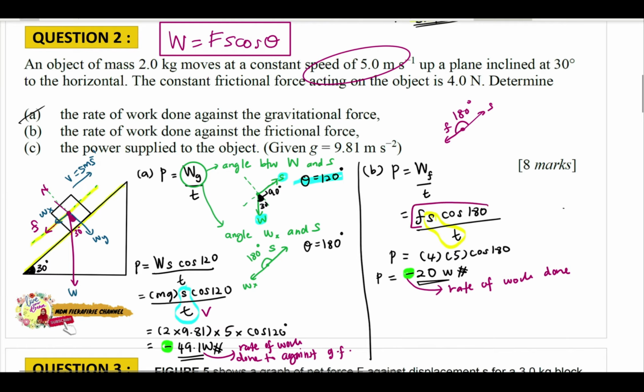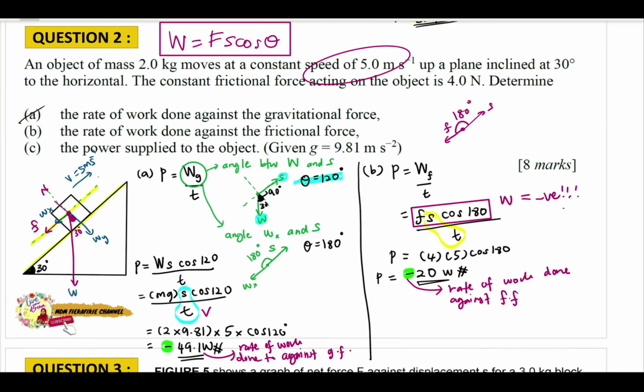Kalau kita nampak dekat sini, nilai W dia adalah negatif. So kita tahu bila work dia adalah negatif, means that work done by the system to against the frictional force, means that energy akan loss lah. So rate of work done against frictional force, kita akan dapat negatif.